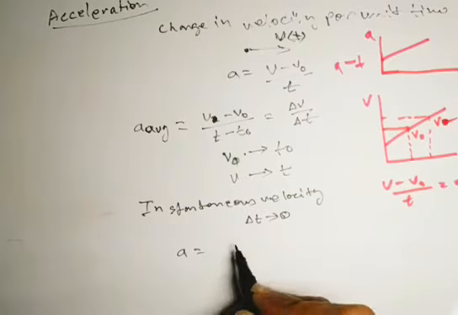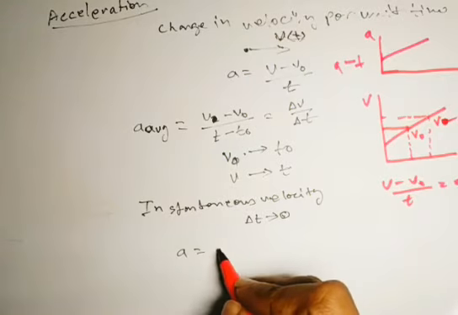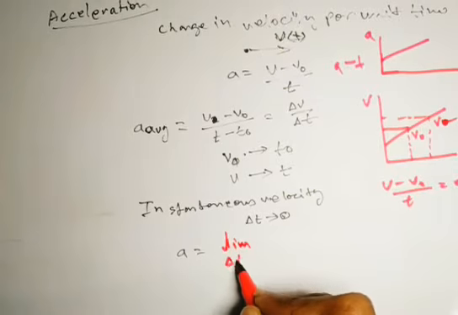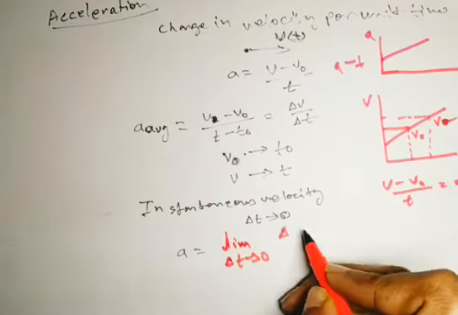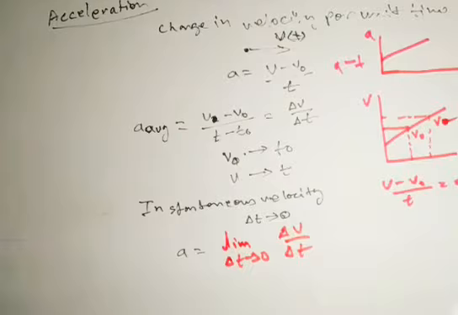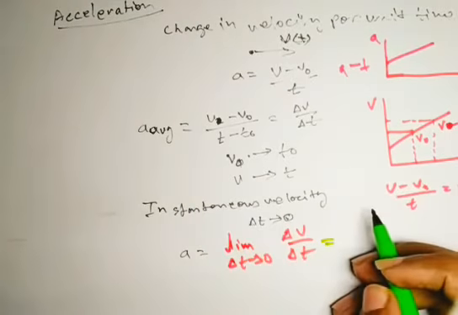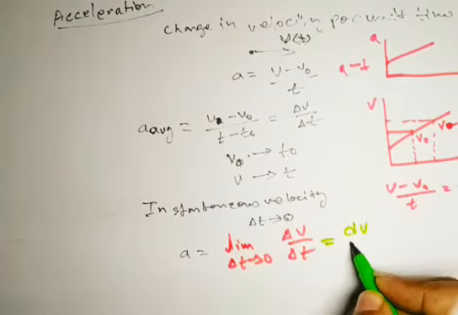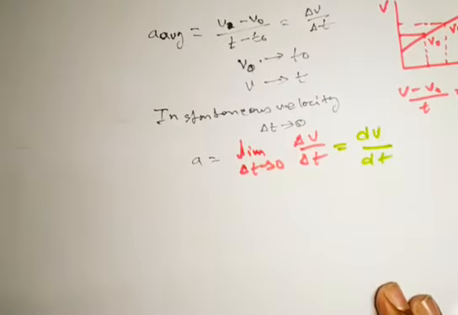So a is equal to, basically, limit del t tends to 0, del V upon del t, which we can write as dV upon dt.